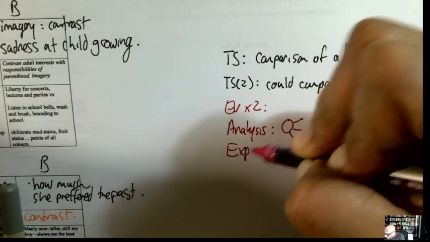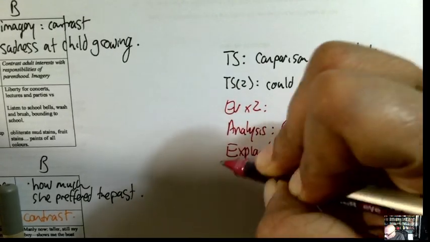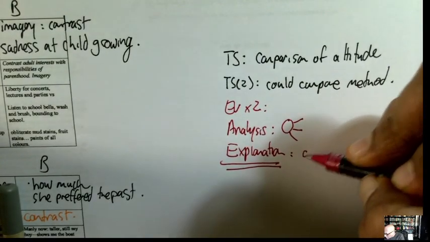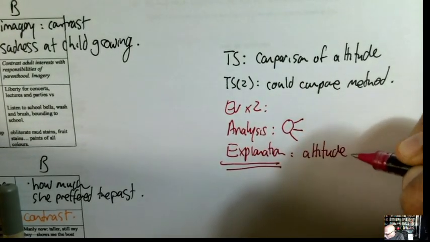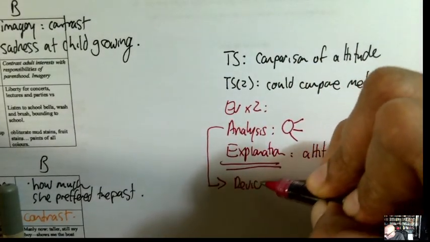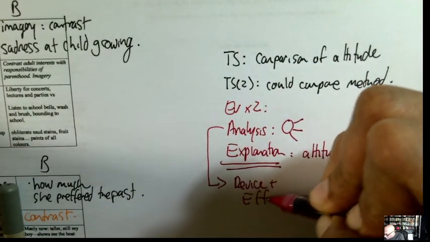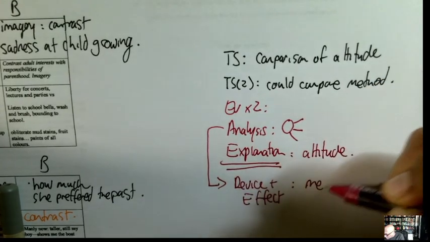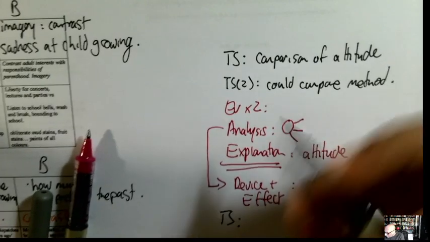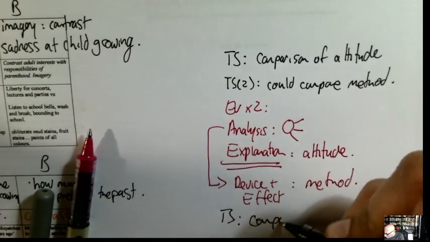You want explanation, and that's key, which is explanation of the attitude. I forgot device and effect, and it's okay, because that's really the method. And then you come back to the topic sentence of a comparison.